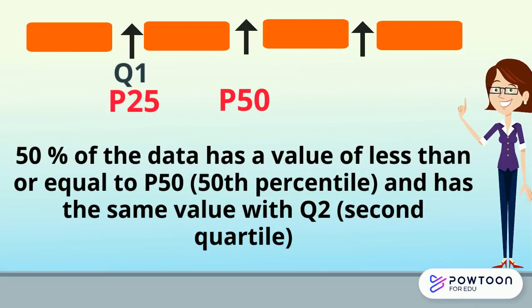In the 50th percentile, 50% of the data has a value of less than or equal to the 50th percentile and has the same value with the second quartile.